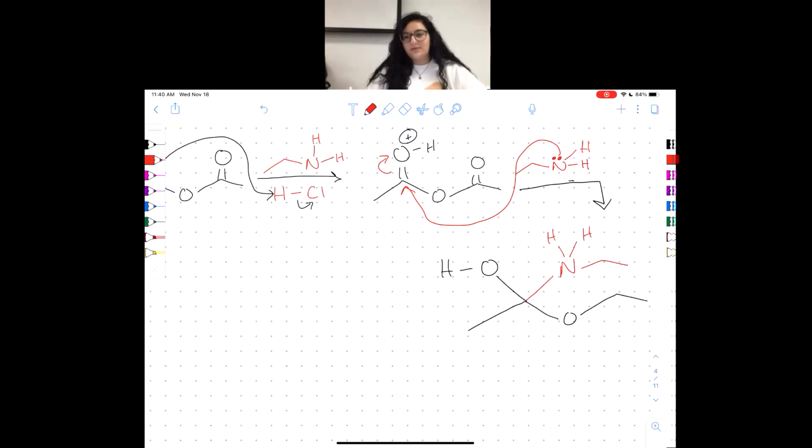I already told you that the O is neutral. Yes, so the nitrogen has a plus charge because it has an extra bond. Exactly. So what can we do at this point if we have a plus charge on the nitrogen? A proton transfer, exactly. So what is going to take the proton? We know it's going to be an oxygen, but do we think it's oxygen A or oxygen B? Who's going to steal the hydrogen? What do you guys think?